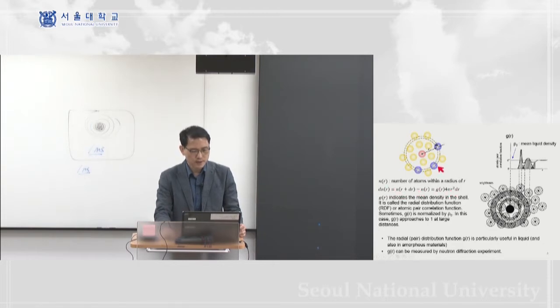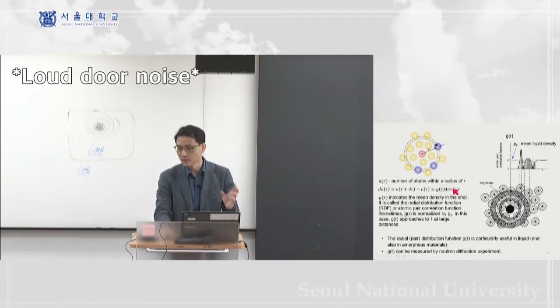Since the surface area is proportional to 4 pi r squared, 4 pi r squared times dr is the volume of this thin shell. So this is the number of atoms in the shell, and 4 pi r squared times dr is the volume.